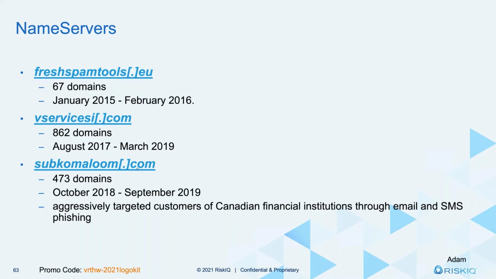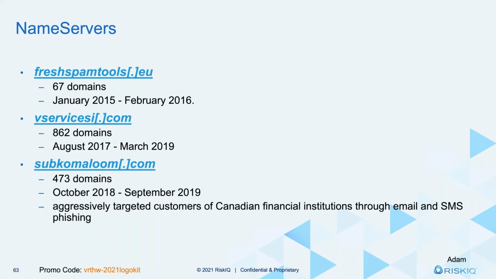Just to be clear, we're not sure how many of the domains that are using these name servers belong to the LogoKit actors, or else are people paying for services from them. A lot of these domains, these 473 of this one, are these aggressive Canadian financial institution phish pages. But you're saying that a lot of these domains from these name servers have been associated with bad activity, but you don't know to the full extent how many are truly bad, correct?